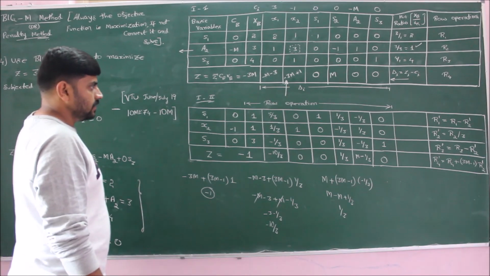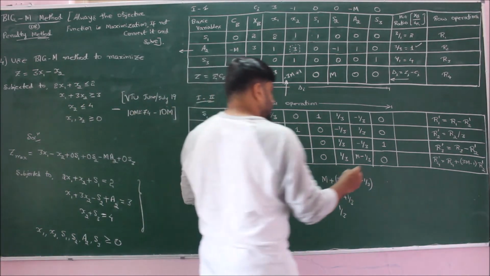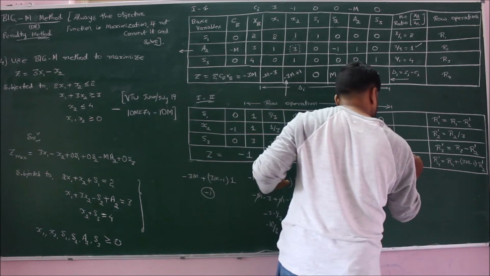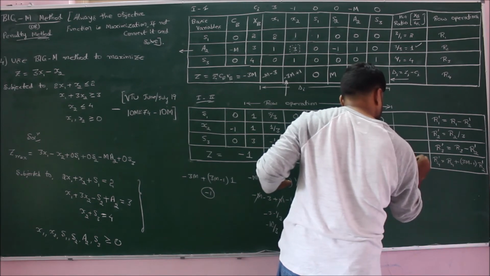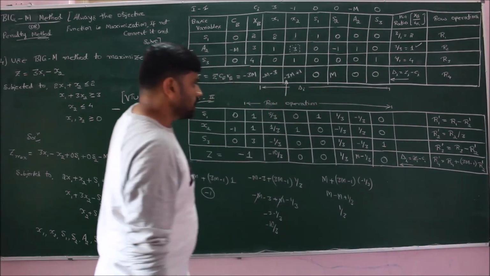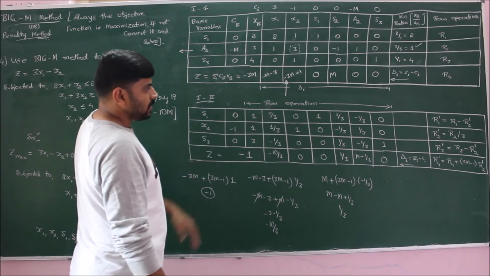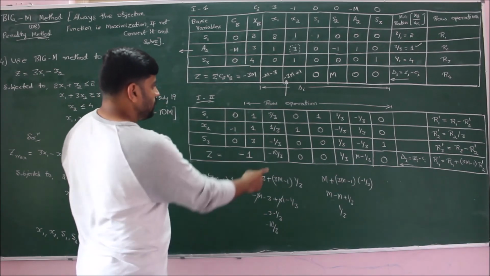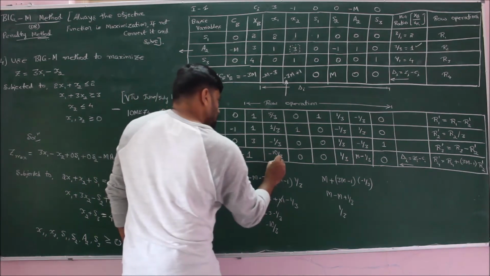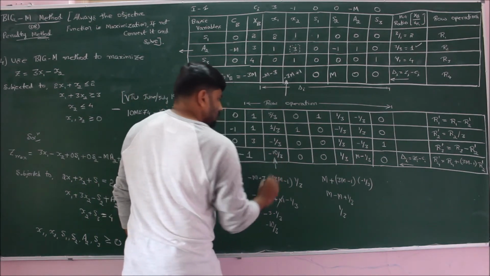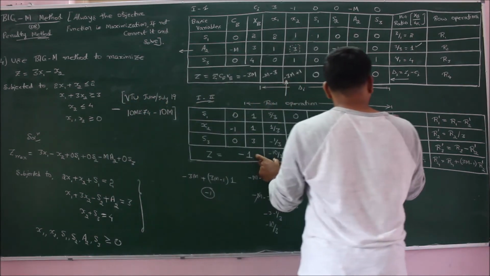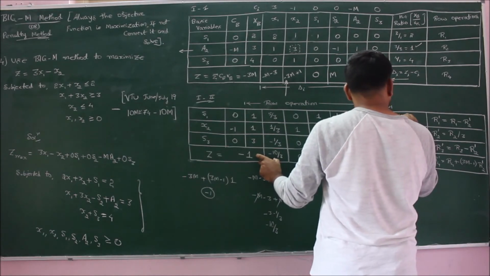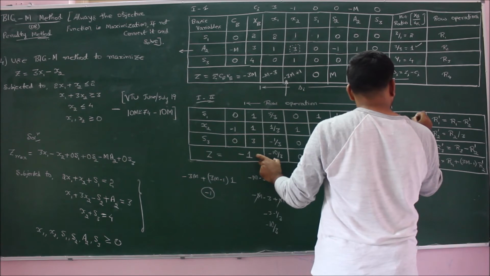So if I see the calculation again, I am getting one value of delta as negative. We have not calculated, but we have performed the row operation and we have found out that x1 will be coming in. Since this is the most negative value, this will be the incoming vector. Now taking the ratio of xp by xk, it is xp by x1. So I will get 1 divided by 5 by 3, which is nothing but 3 by 5.